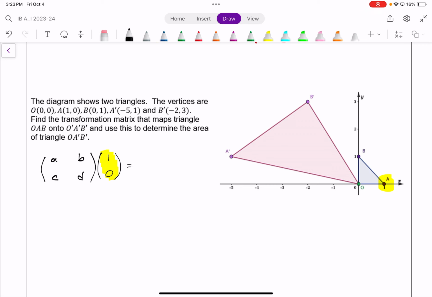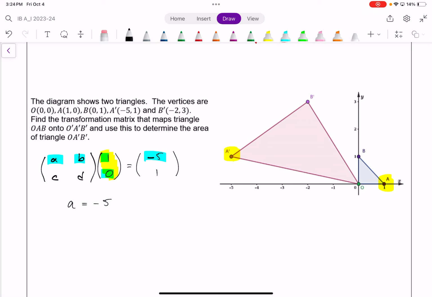I don't know what the transformation matrix is, but I know after I multiply by it, that point ends up right here at A prime, which is at -5, 1, or as a matrix, -5 over 1. Now I can start to look at my matrix multiplication and come up with some equations. For example, if I perform matrix multiplication, I get A times 1 plus B times 0 equals -5. Or just A equals -5.